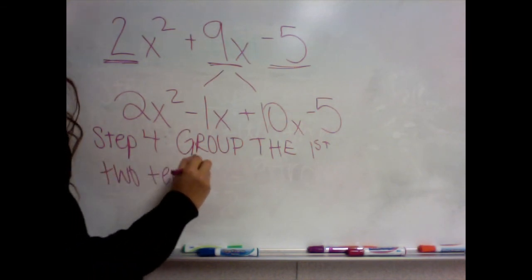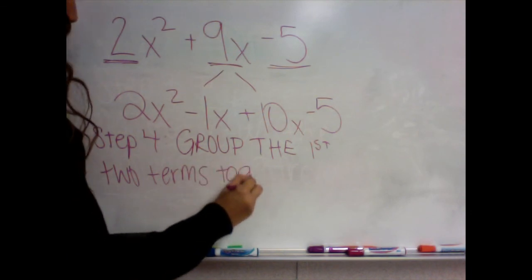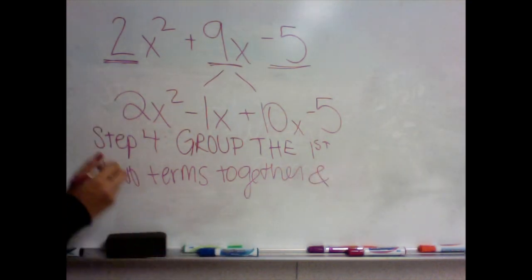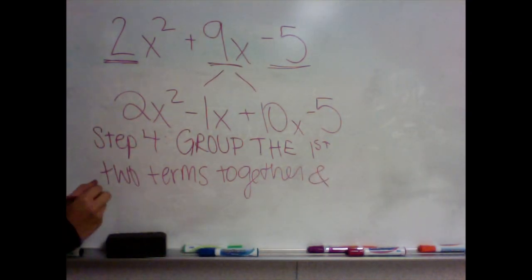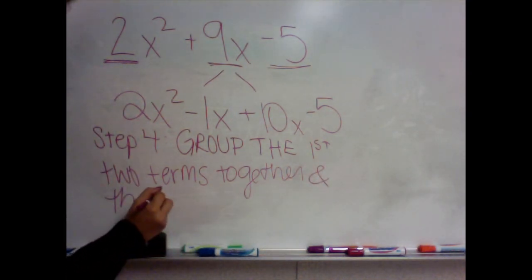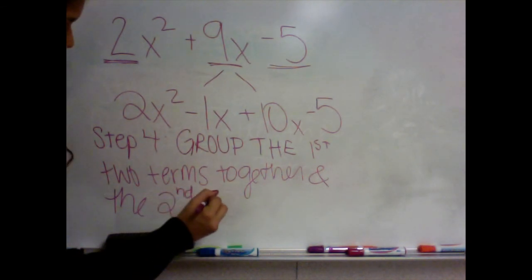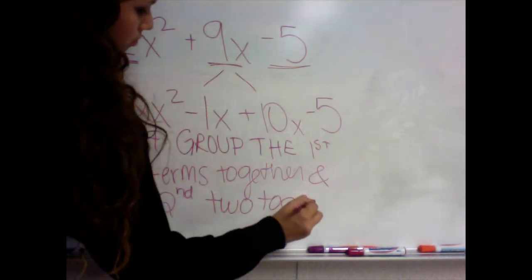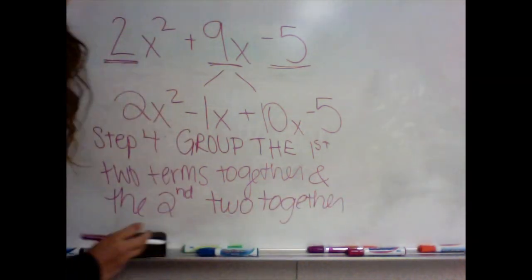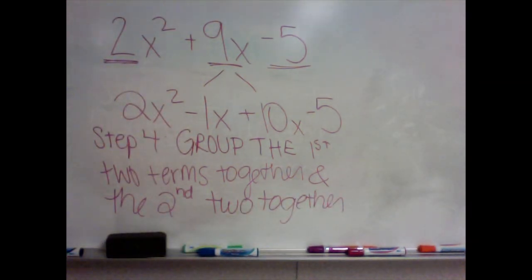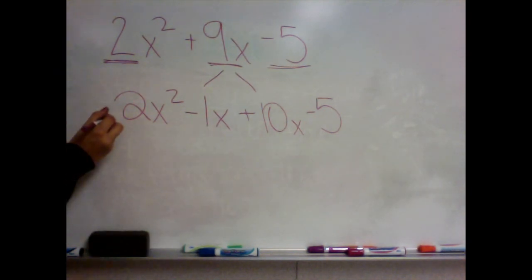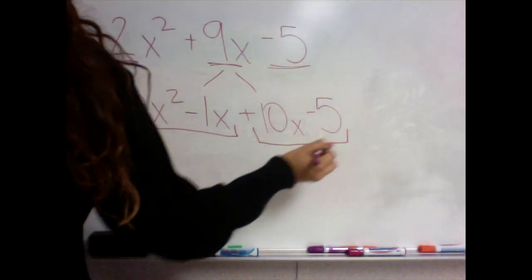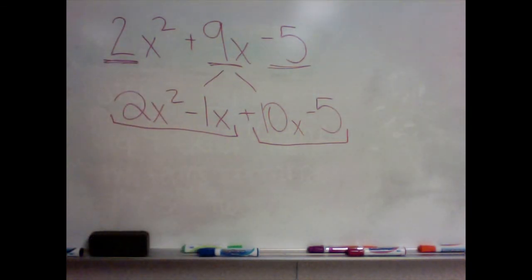So we're going to group the first two terms together, and then we're going to group the second two terms together. There are our first two terms grouped together, and there are our second two terms grouped together.